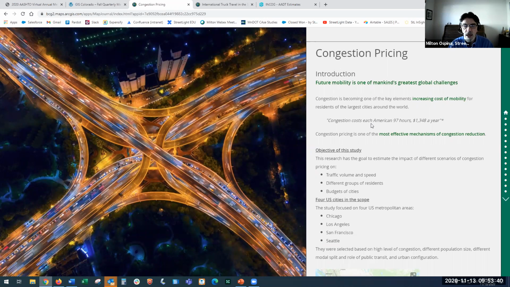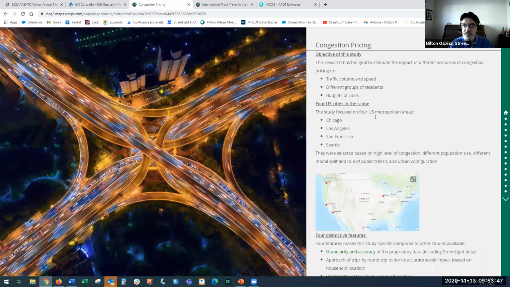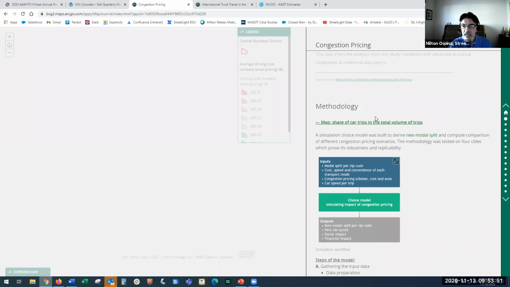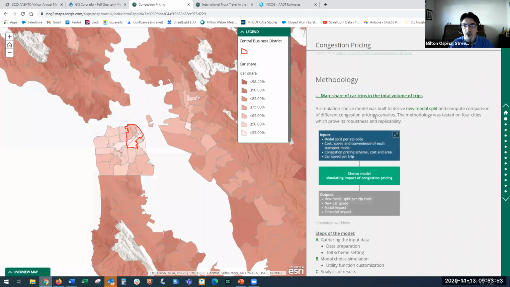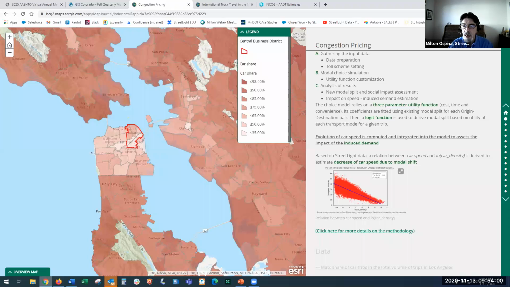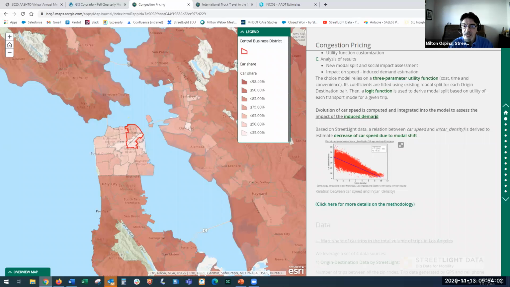This is by our colleagues at the Boston Consulting Group, and they're using our GIS online. In this case, they were looking at 4 different cities in the United States as part of this analysis. And one of the things that they needed to use in their platform was to be able to bring origin destination. They need to look at the speed of vehicles.